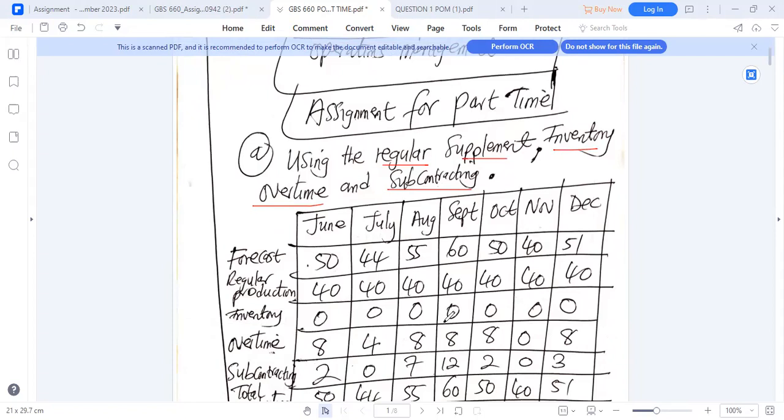Okay, now on a regular basis, we're supposed to produce 40 units. Let's go back to the table.